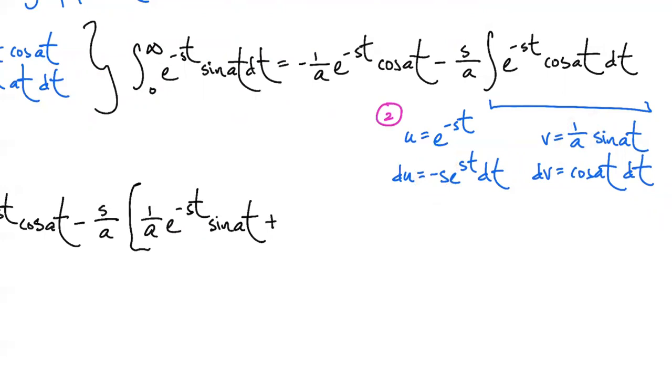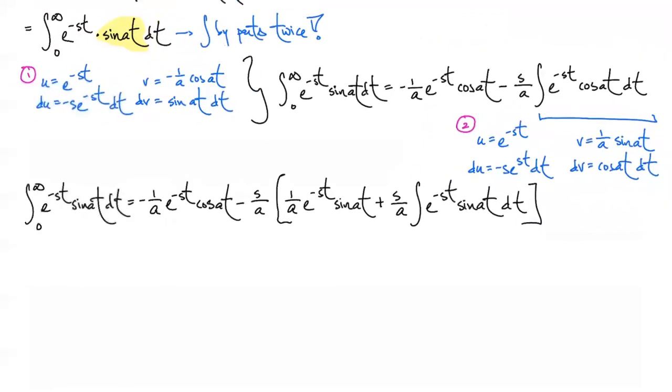And that'll be minus minus, which makes this a plus, s over a, the integral of e to the negative st sine at dt. Okay, so there we have our shocking line of all letters. I think there's a few numbers sprinkled in there, 1, 0, right? But with all of these letters, we really need to be very careful about this step. We can see where it might cause some problems if we misassign somewhere.